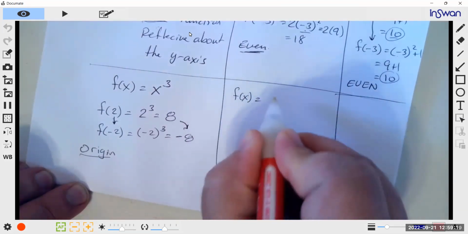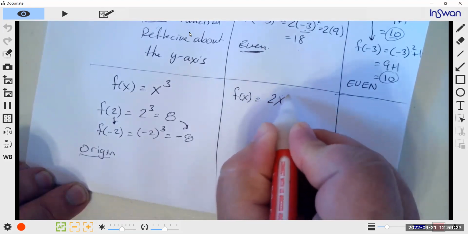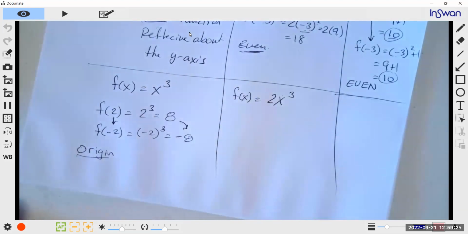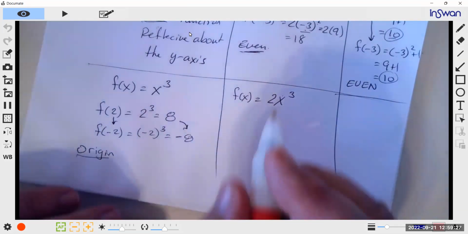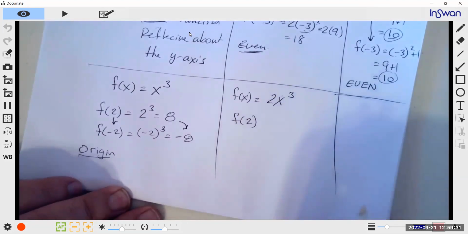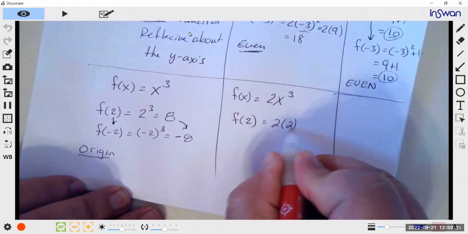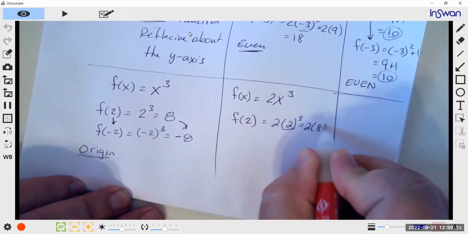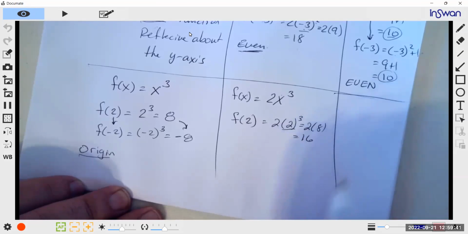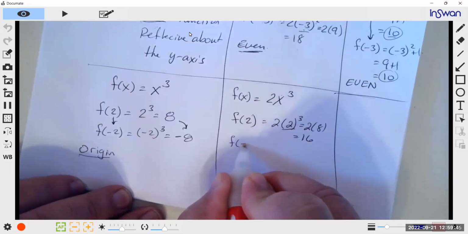Let's see if we put a coefficient in front, if that changes anything. We'll put 2 in there. So 2 cubed. 2 cubed is 8. So 2 times 8 is 16. And the next one is a negative.